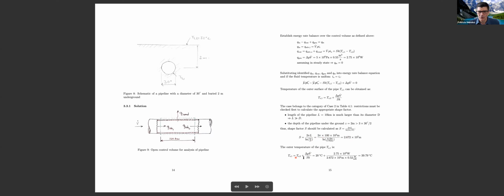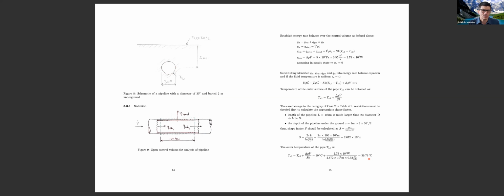And the outer temperature, then, we would calculate by replacing this shape factor in here, and it gives us that the surface of the soil, remember that this is conduction right outside the control volume all the way to the surface, this is the temperature of the soil, nearly 40 degrees C. I'm talking about the surface of the soil in contact with the pipe.